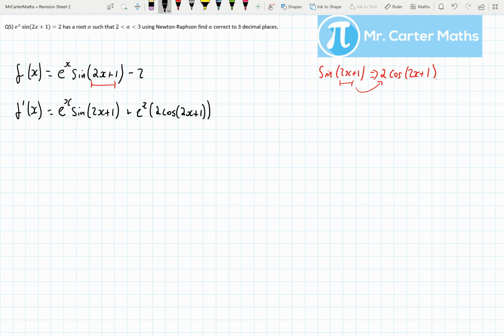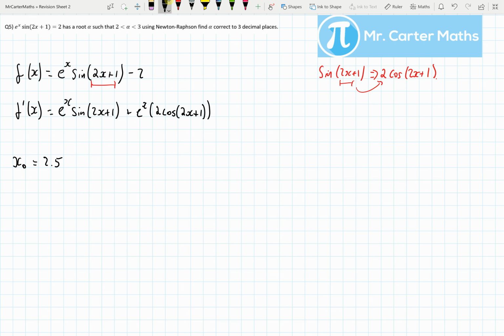So I have what I need. I've got my function, I've got the derivative of my function. It's giving me a range for alpha. With Newton-Raphson, you need a start point, an x0. I'm just going to set that at 2.5, in the middle of where I know alpha could be.